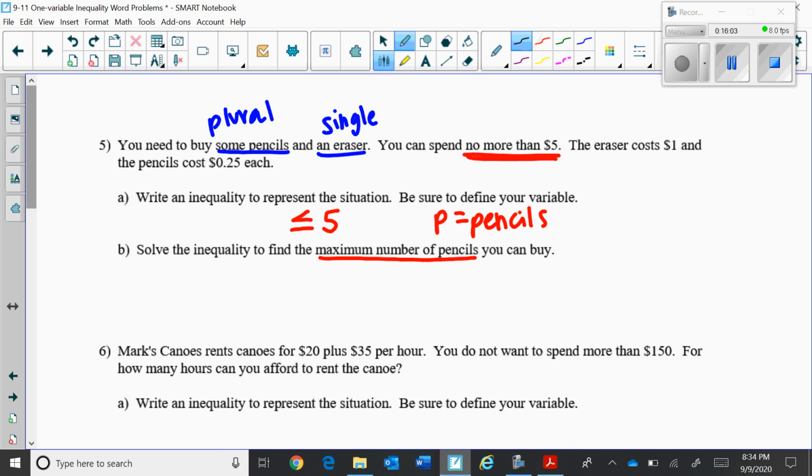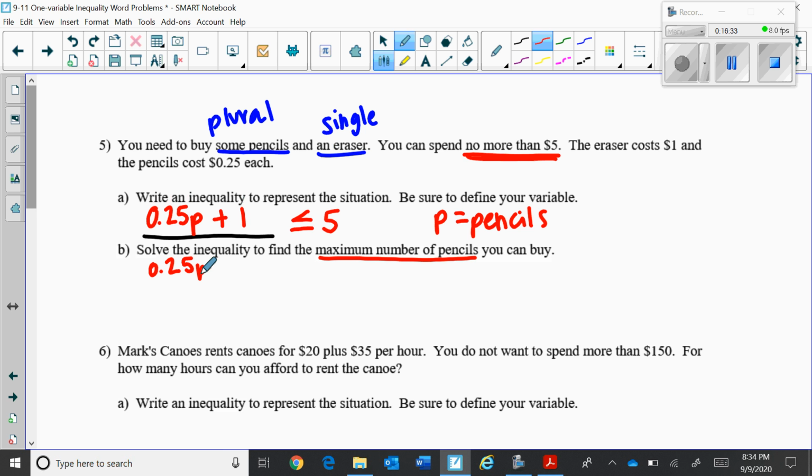And if we set up what we spent on the left-hand side, it says we spent 0.25 per pencil. That's what we don't know. So 0.25 times p, because we don't know how many pencils we bought. And then plus that $1 for our eraser. All right, now that we have that set up, we can solve.